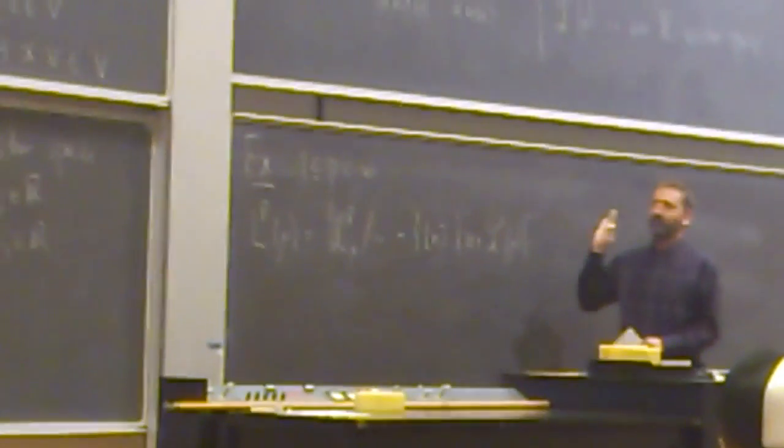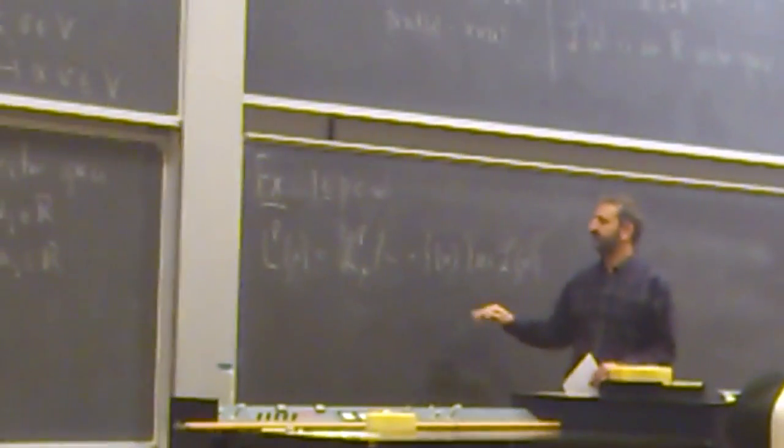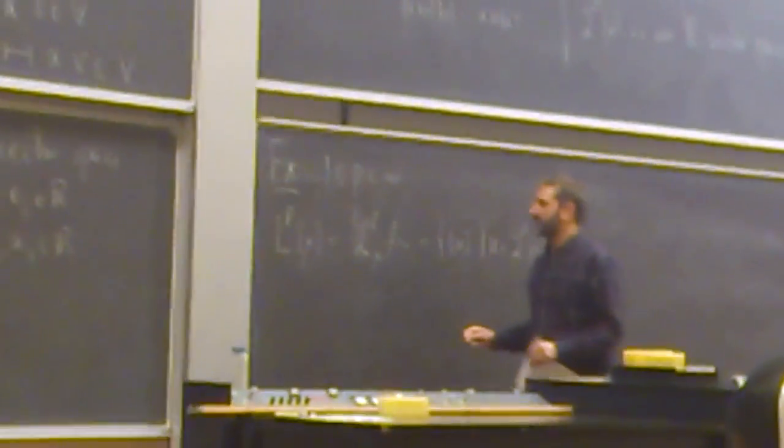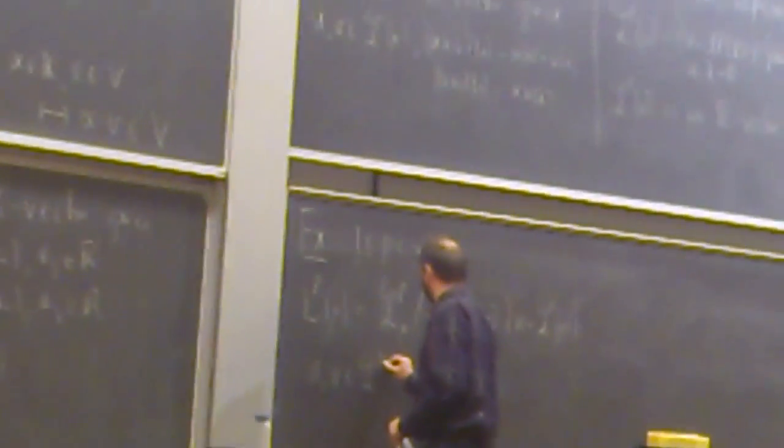Here I will come back to more detail later, but what you do is you identify functions which are equal almost everywhere. So if you have u and v in curly LP of mu, then if they are equal mu almost everywhere, that would be the same thing as saying that they are identified in LP.